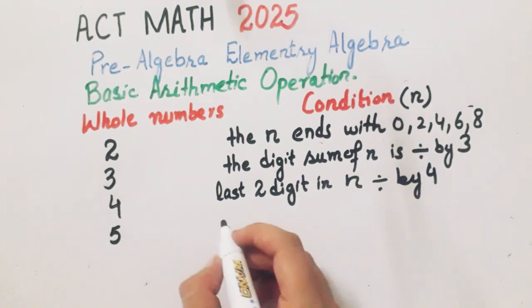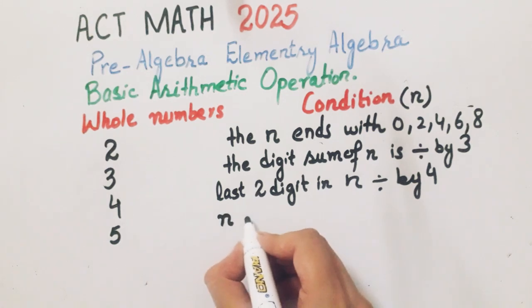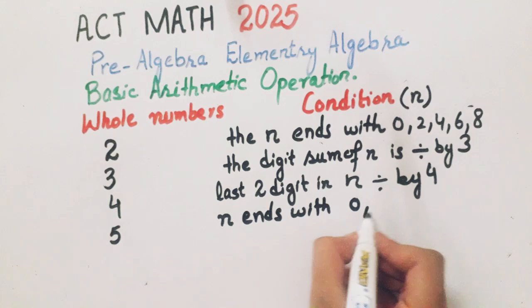And for 5, the condition is the number ends with 0 or 5.